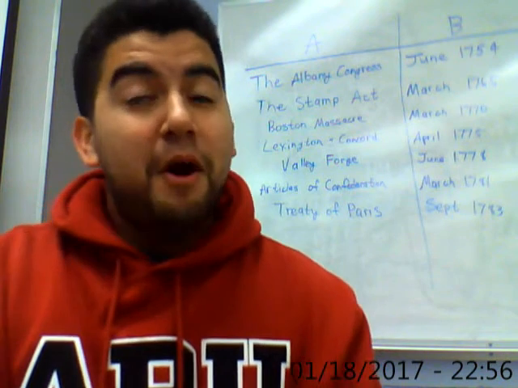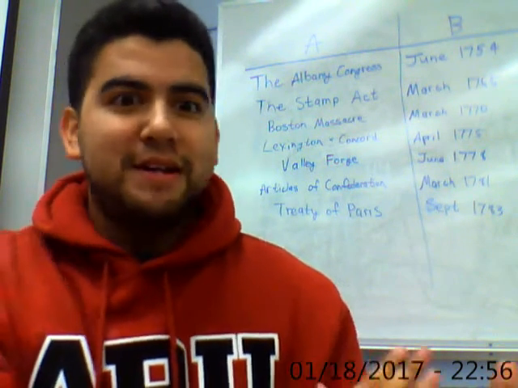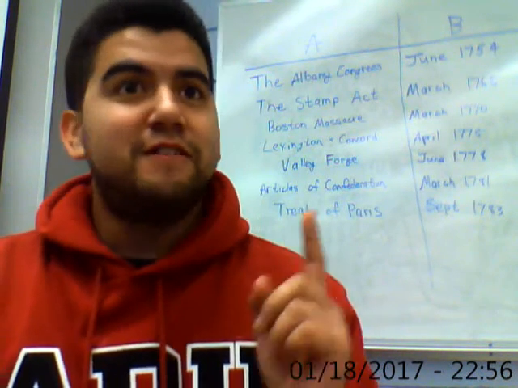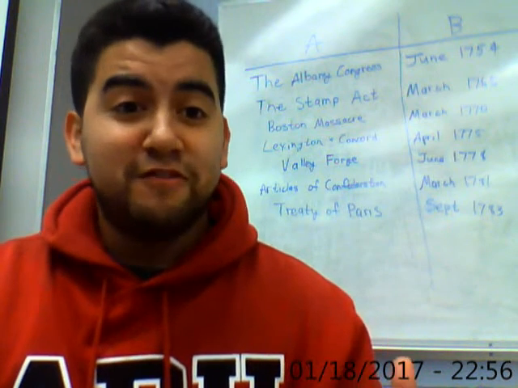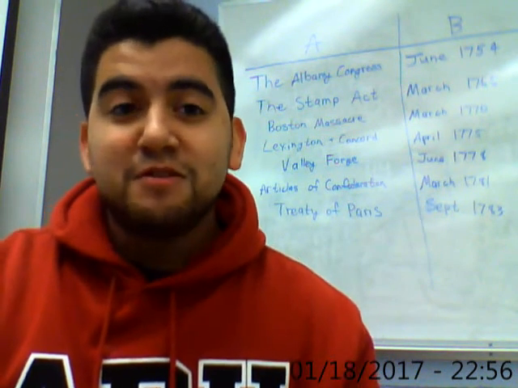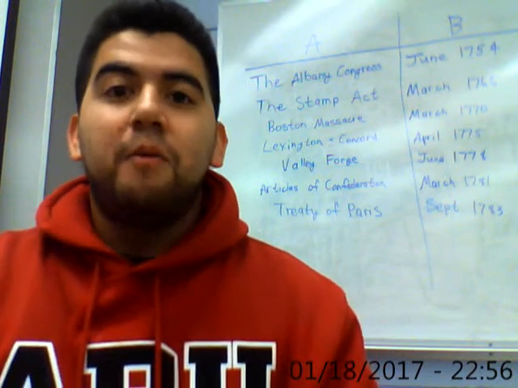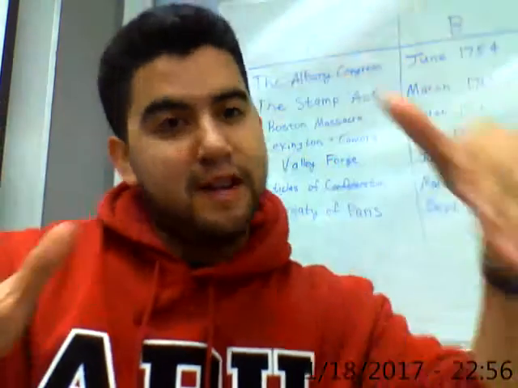But once you find your partner, then you're going to get with the whole class and form a timeline so that we can have all of our important events, the battles, the First Continental Congress, Lexington and Concord, all the important events that you've reviewed for your chapter test. We're going to get in line like a timeline in chronological order. So we're going to have each partner on A side and B side.